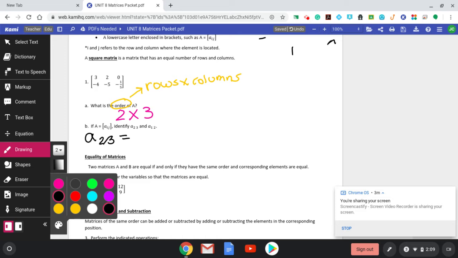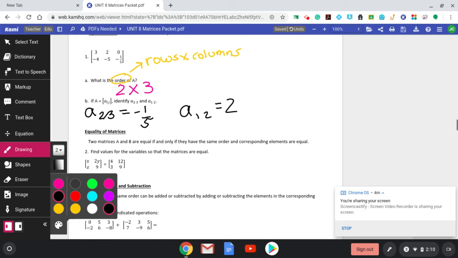Second row, third column, that is negative 1/5. All right, one more. How about 1,2? What value is in row 1, column 2? Everyone take a look. Row 1, column 2, that is a 2. So just get that first number you hear is always the row, second number always the column.